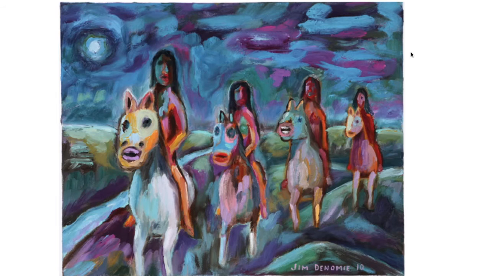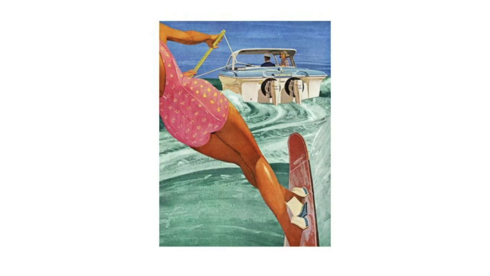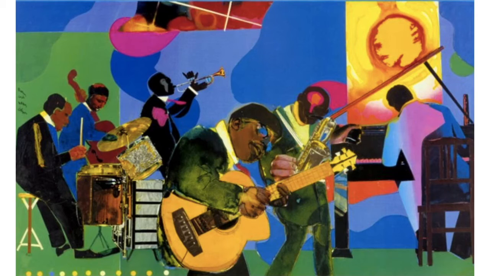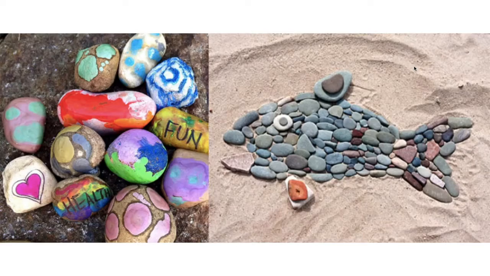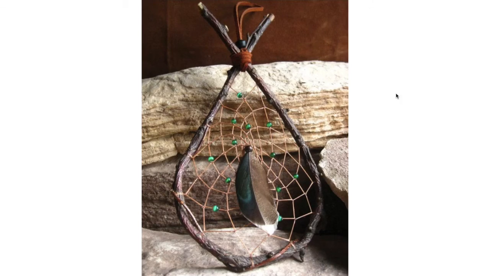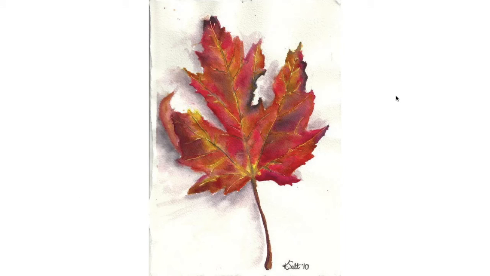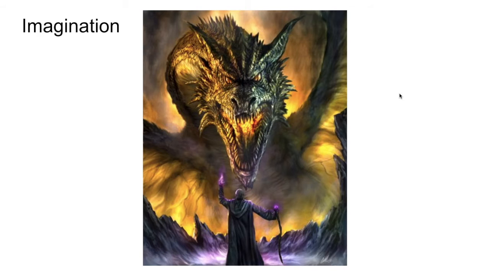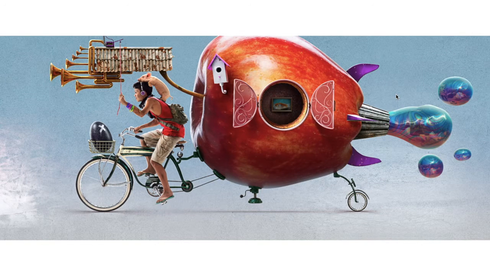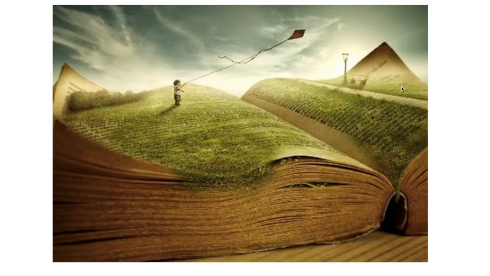And with students, I go through these a little bit more in depth and talk about what art with the figure might look like. You could make art about nature. And I just show them all different types of examples just to get their brains working. You could make art about imagination. We talk specifically about what that would mean.